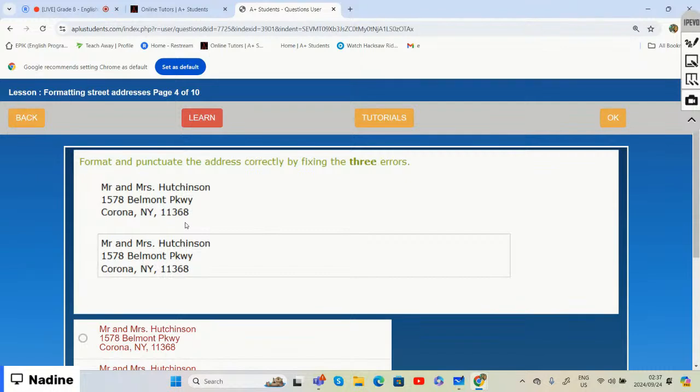The house number is 1573 Belmont PKWY. Corona, comma, NY, comma, and then we have the zip code, which is 113368.